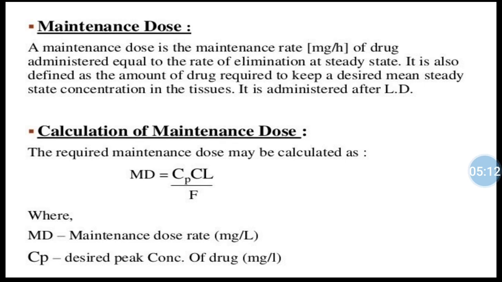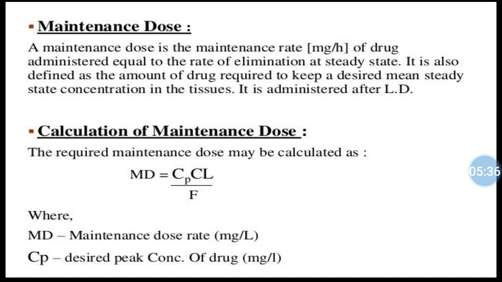Maintenance dose. Maintenance dose is the actual modified release dosage form. So it will release the drug at a slower rate, and when the loading dose shoots up and subsides, at that time the maintenance dose will take over and will help to maintain the steady state plasma concentration.